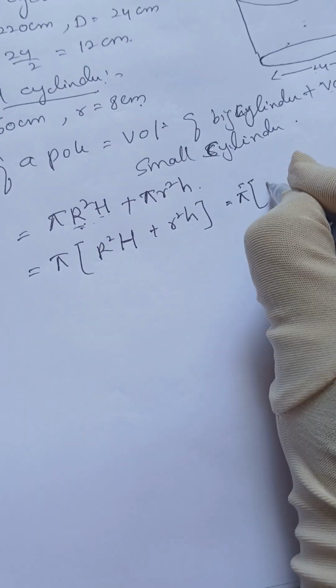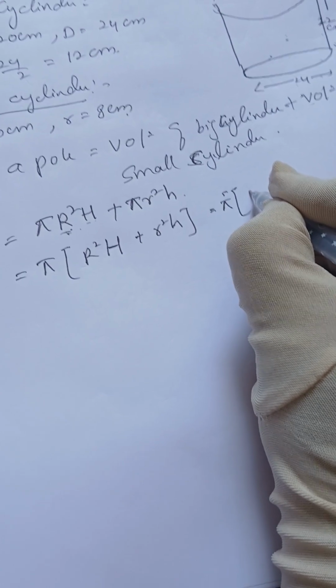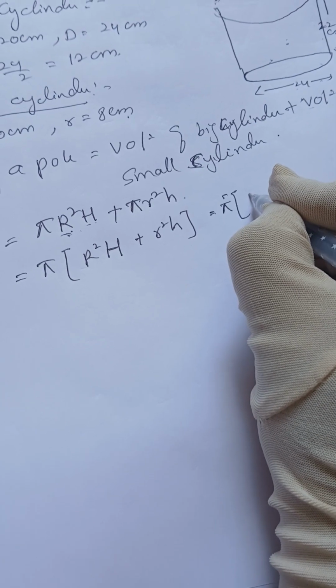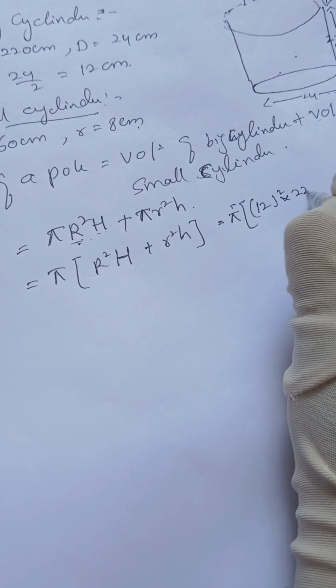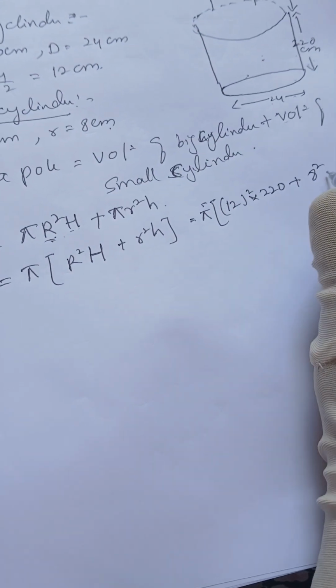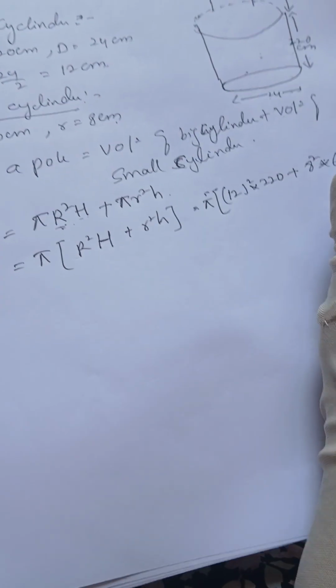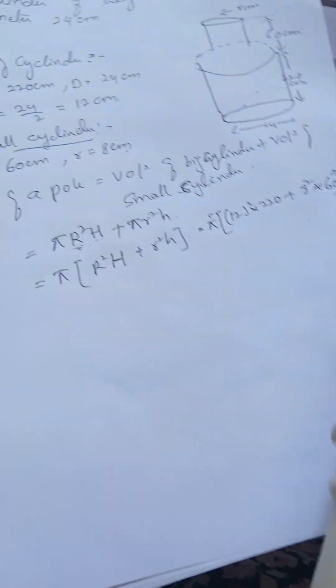So we will substitute these values. Pi into R square, how much for the big cylinder? It is 12 centimeters, 12 square, H is how much? 220, plus r of the small cylinder, 8 square into 60. Clear? So this is what we have.